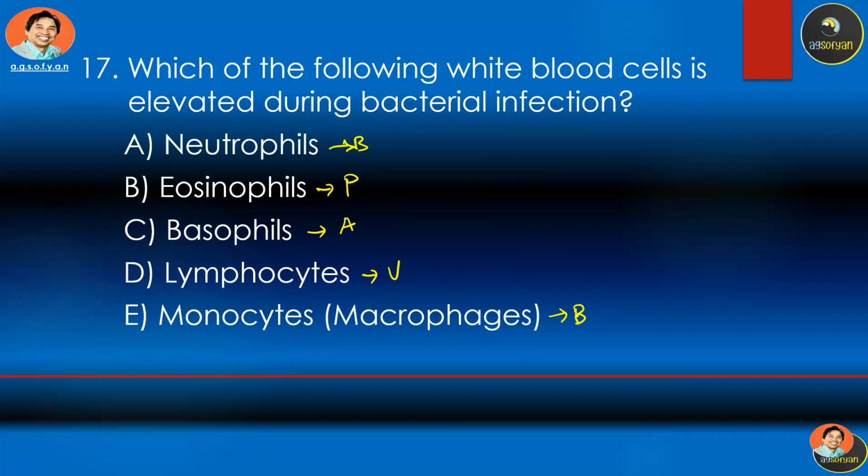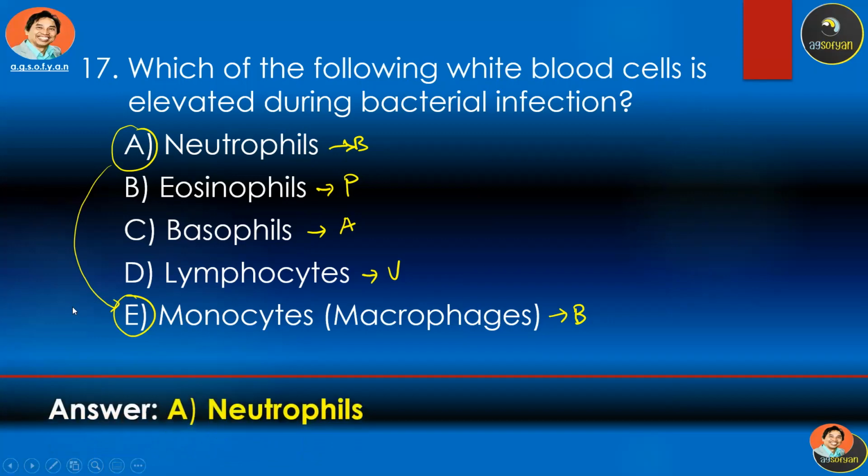The one that's really elevated during bacterial infections will be neutrophil, followed by the monocyte. Okay, the answer should be neutrophils.